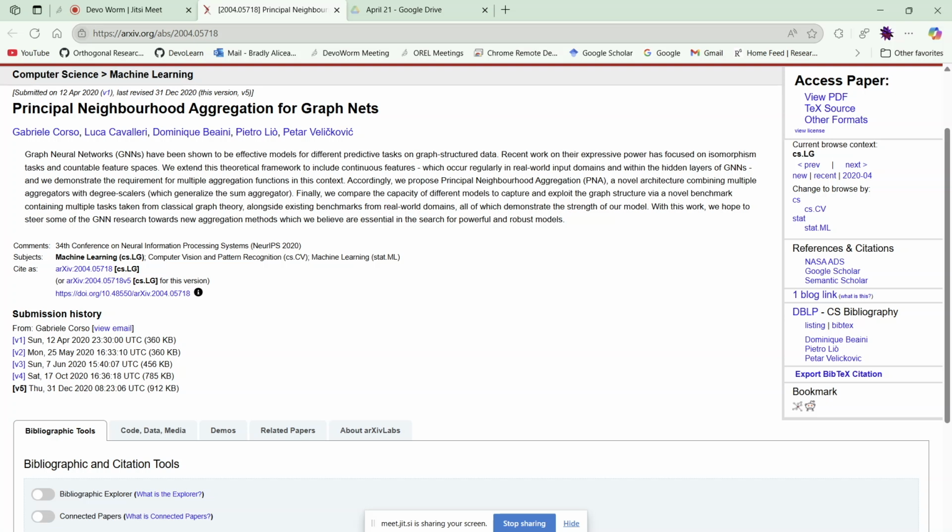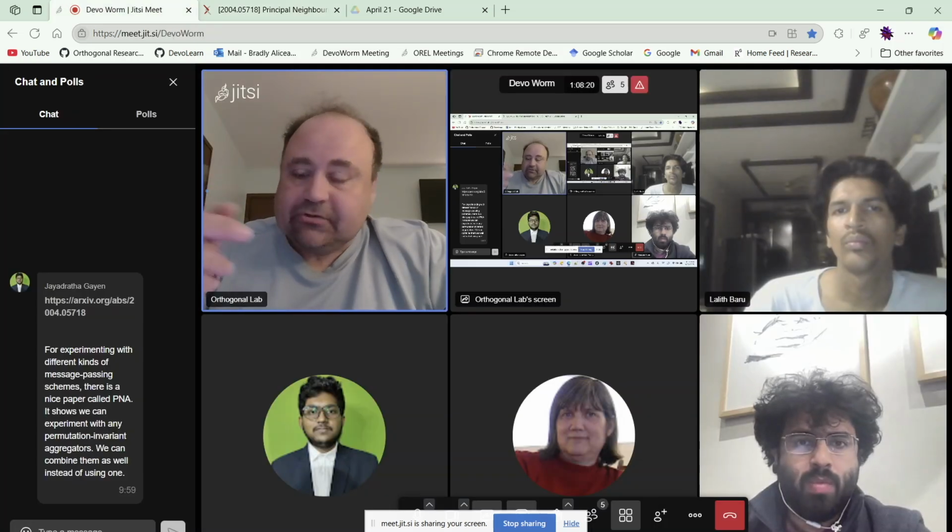With this work, we hope to steer some of the graph neural network research towards new aggregation methods, which we believe are essential in the search for powerful and robust models. So those aggregation methods are also interesting.